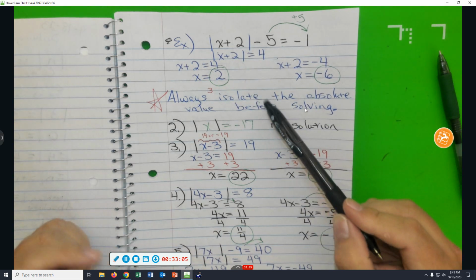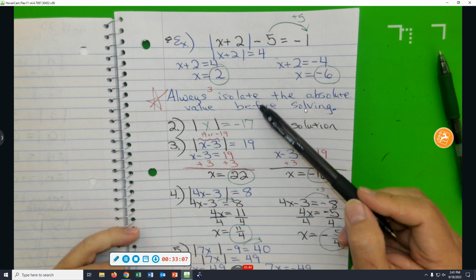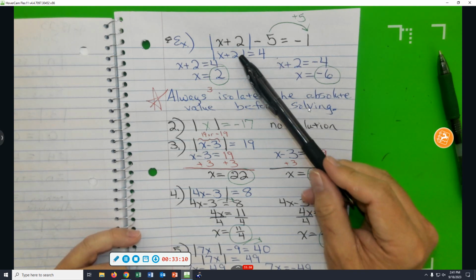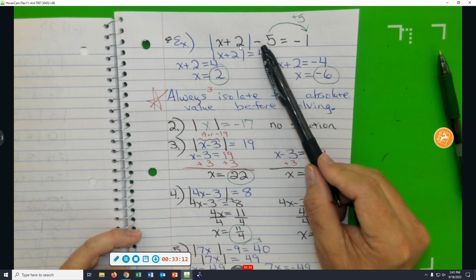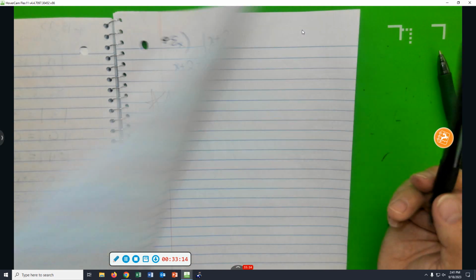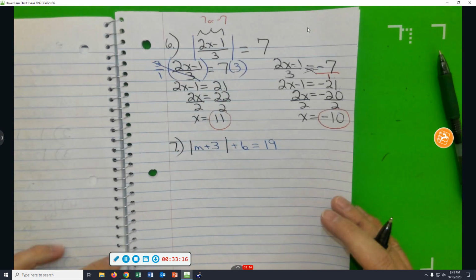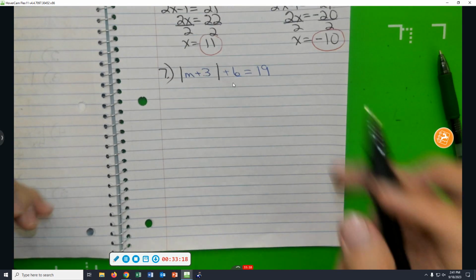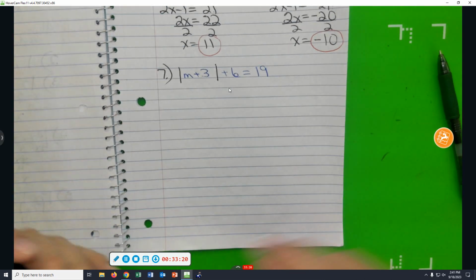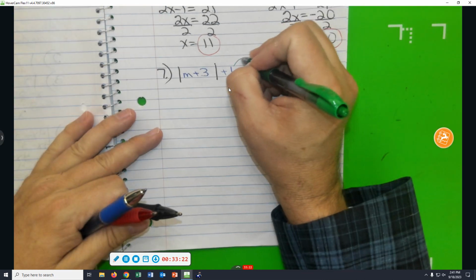Always isolate the absolute value before solving. So we had to get rid of that minus 5 there. Likewise, y'all tell me what I'm going to do here. Subtract the 6. Okay.